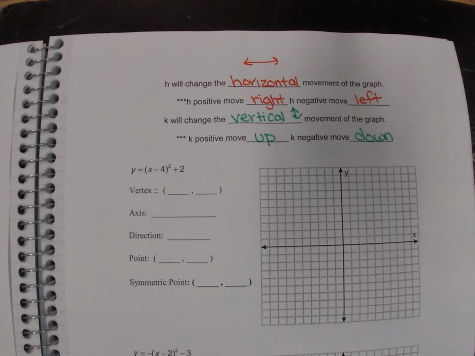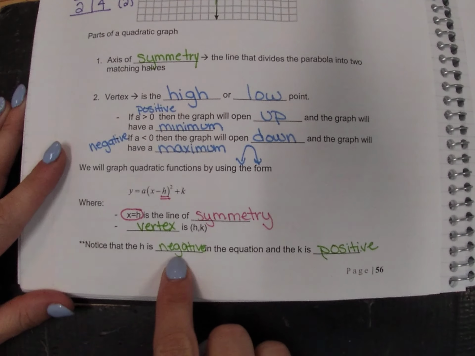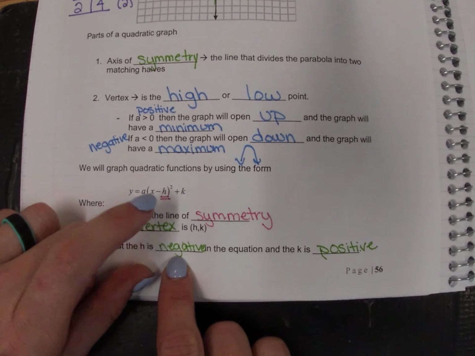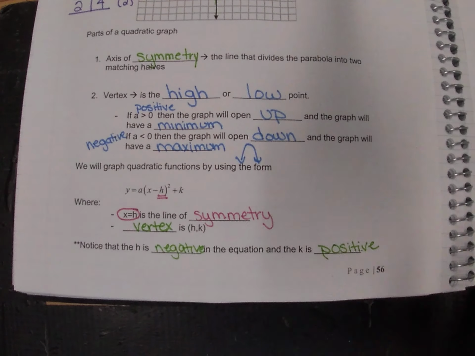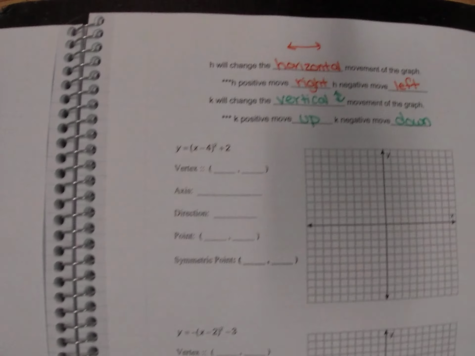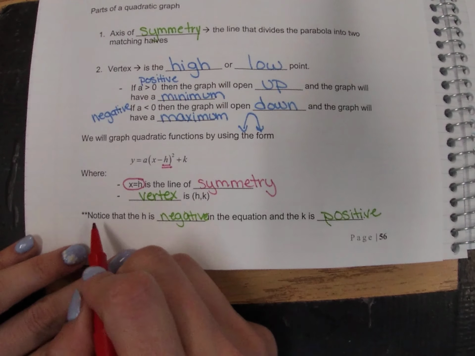All of those things overall make sense, right? Positive is right, negative is left, that's all fine. The one piece that's really tricky in here is that our h value is actually negative in the formula. We've seen this before in point-slope form, and what that actually tells us is that when we identify the h value for our horizontal right or left movement, we actually are gonna have to take the opposite sign of it.